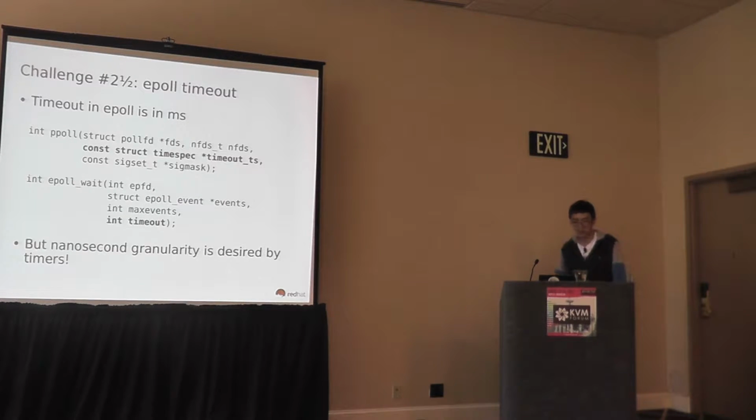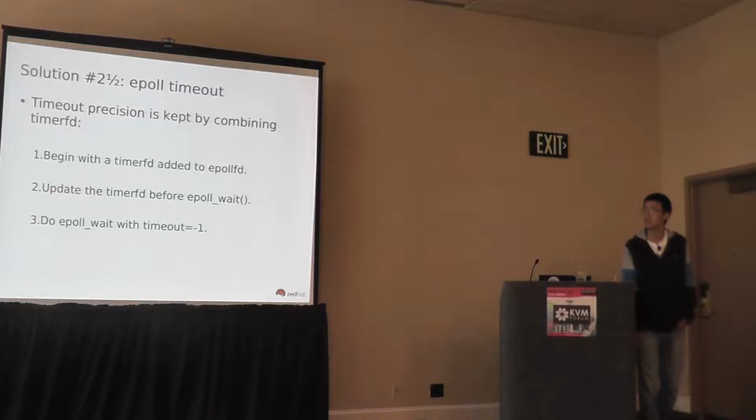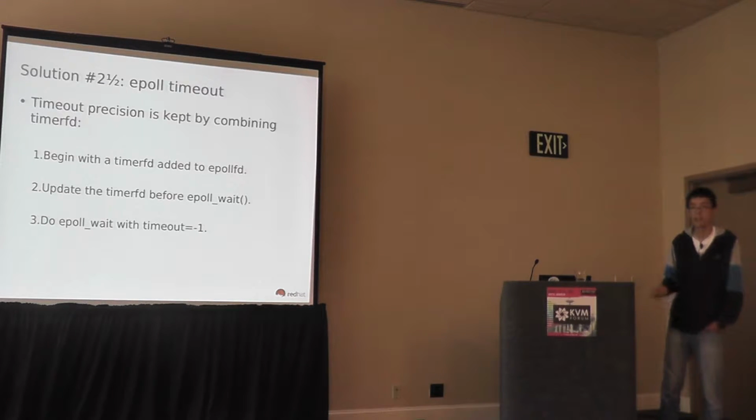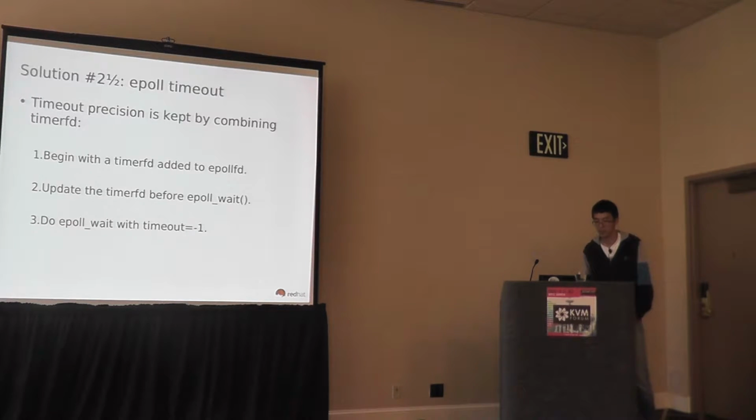We don't want to just round that timeout to adapt to epoll_wait because that would hurt the timers. The timers need a precise timeout and dispatch. So it can be worked around without introducing a brand new epoll_wait2 syscall.